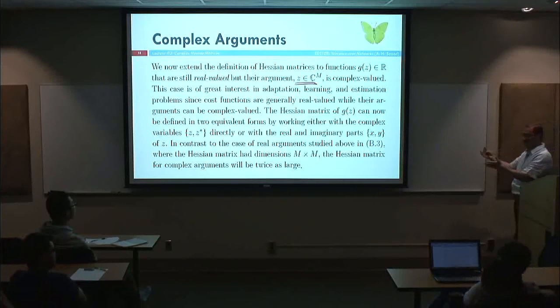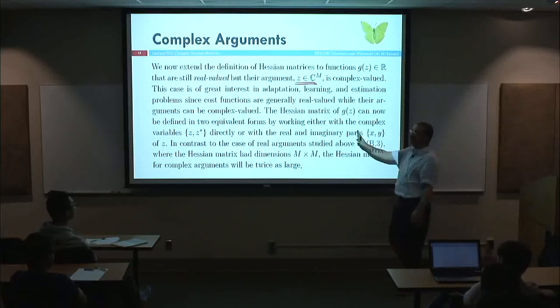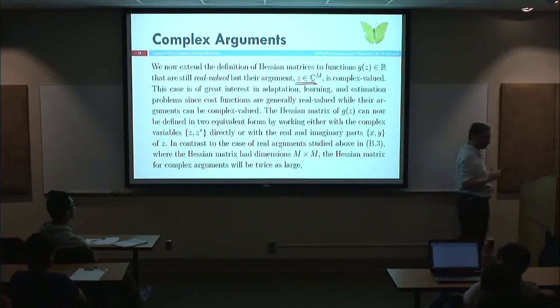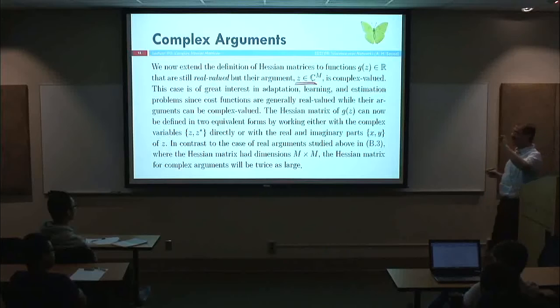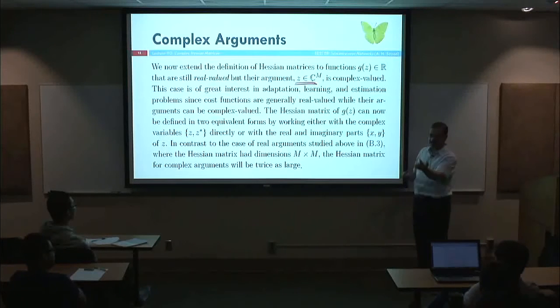Let's find out what the Hessian matrix is. There are two ways for you to introduce the Hessian matrix, okay? I'm going to introduce it by transforming z to xy, right, and working with the real arguments. Why? Because I already know how to define the Hessian when I have real arguments. Fine. That's one way to do it.